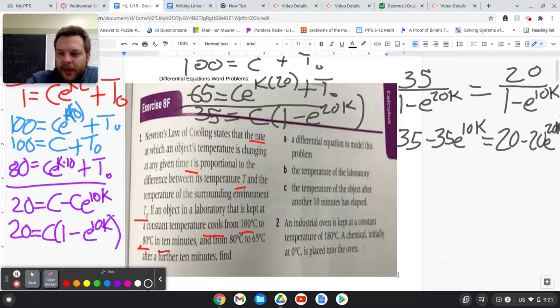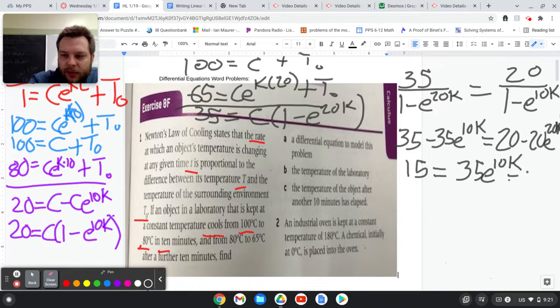Okay, now let's get our numbers on the left side. So 15 equals, and then over here we'll do 35e to the 10k. I'm adding that and leaving the 20e to the 20k alone. Okay, let's divide everything by 5 and factor out an e to the 10k.